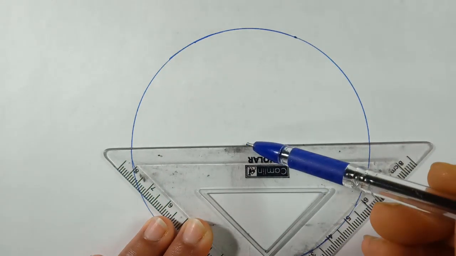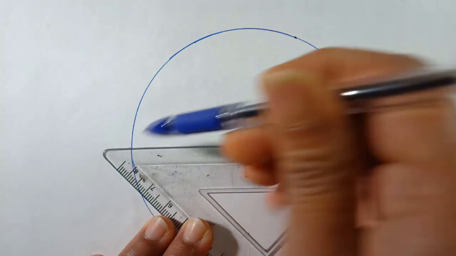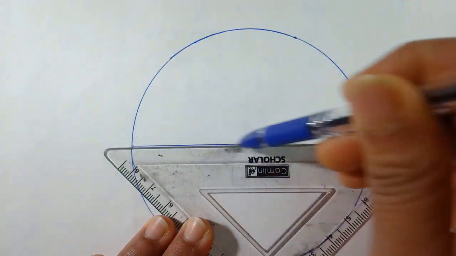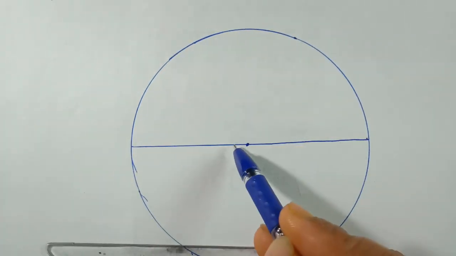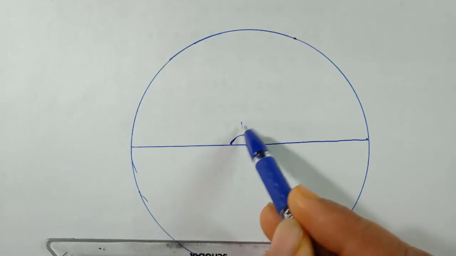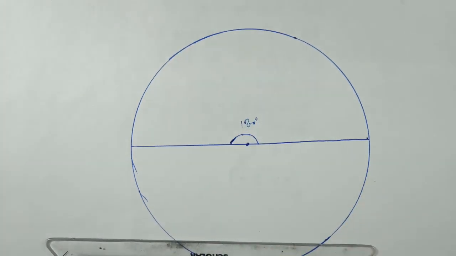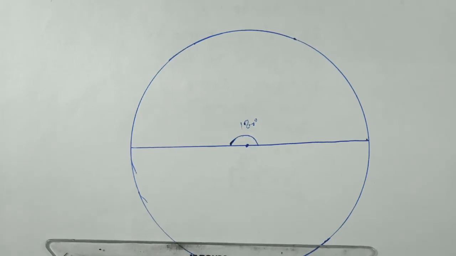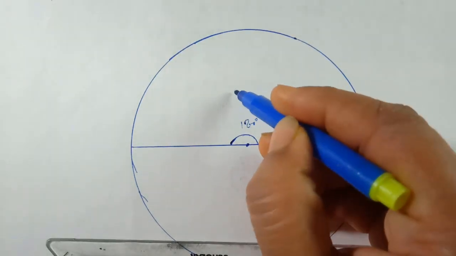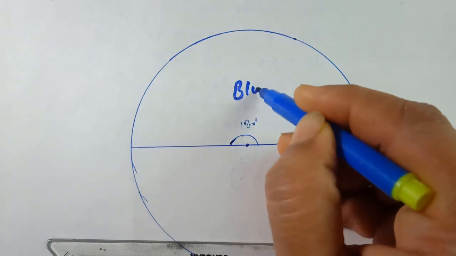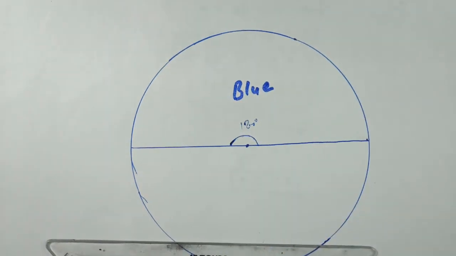A straight line passing through the center shows 180 degrees of angle. Let it show the blue color.